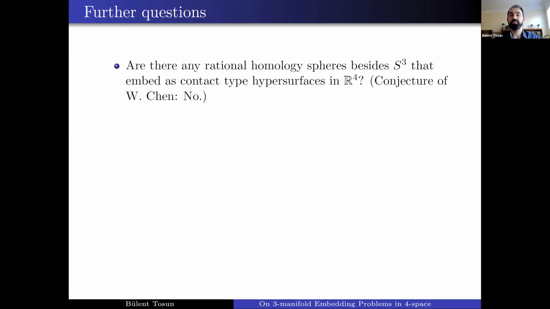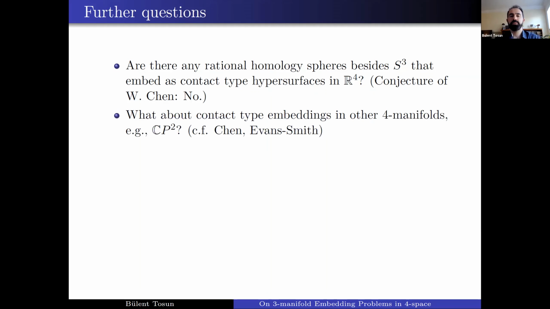The conjecture of Wei-Min Chen says no, maybe motivated by holomorphic curve techniques, or the intuition that he thinks the answer is no. It's an open question. And of course, the other thing one might be interested in is what happens if you think about contact type embeddings in other manifolds, for example CP^2.